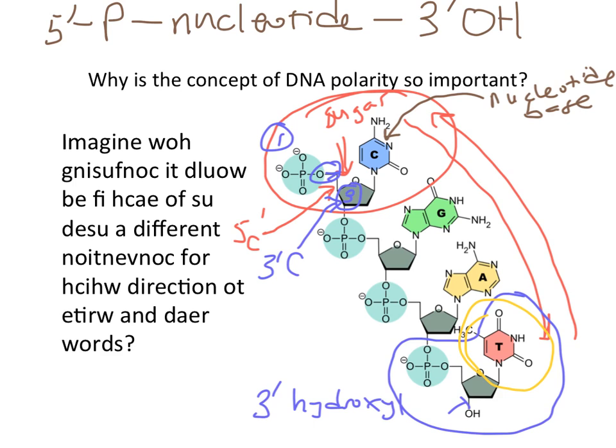So thymine, the base that we abbreviate T, is only found in DNA. What is it in RNA? Uracil. So it would be U if it was RNA. Okay, what else tells us that this is not RNA?